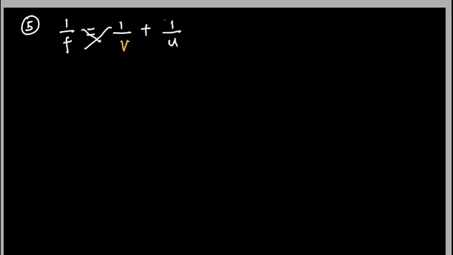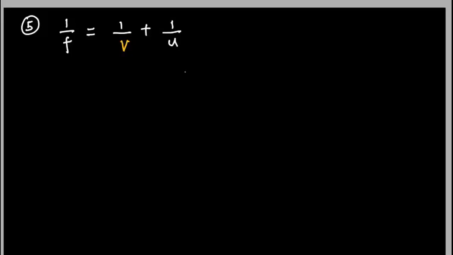No. That would be a wrong start, because if you do that, 1 over u is now unaffected, which is improper. So what we have to do first is not crossing and multiplying, but finding the LCM. So what is the LCM of F, V, and U?